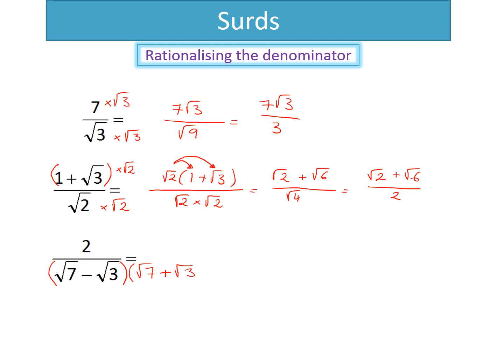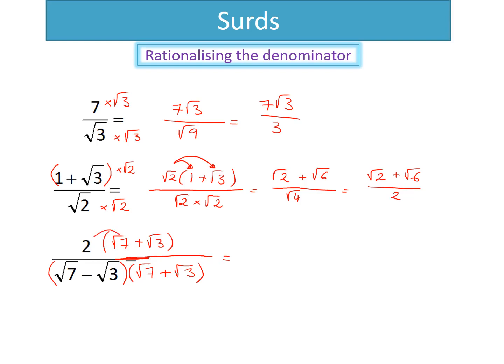We must have the opposite symbol to make sure that those surds cancel. And we had a similar situation in our previous slide, when we were expanding brackets. I need to also remember to multiply the numerator by the same thing. So I need to now expand.